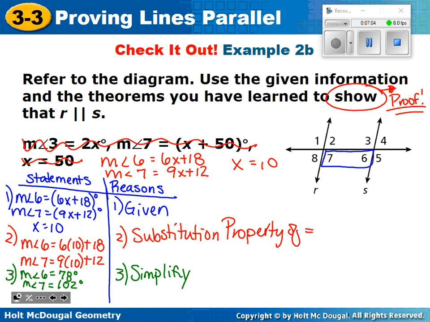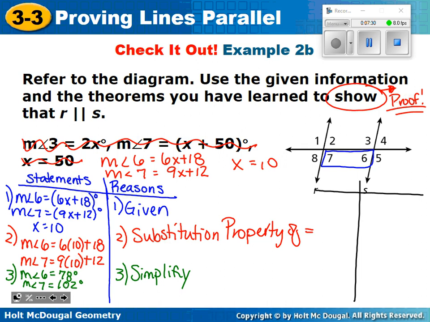Okay, it's the next step that we did not practice last class period, and that is different on this proof. I don't know that we may have talked about it once in a fill in the blank proof, but we haven't really ever done it ourselves. So the next step in the proof, we are trying to get that they add to equal 180, right?